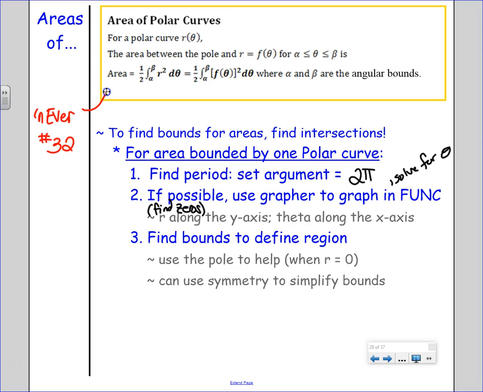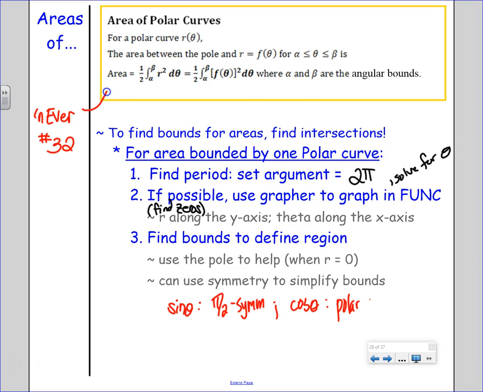Number 3, using the pole to help, setting equal to 0 if you can do it by hand. Maybe using symmetry like we talked about. Sine is always going to have what kind of symmetry? Pi over 2 symmetry. Whereas cosine is always going to have polar.